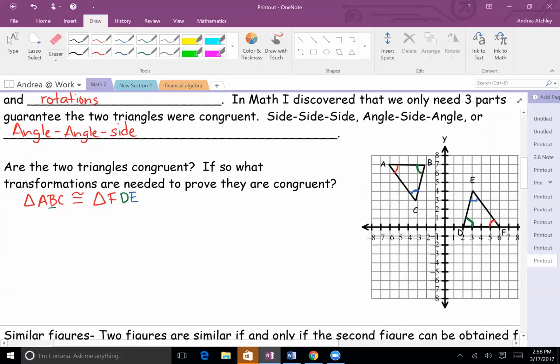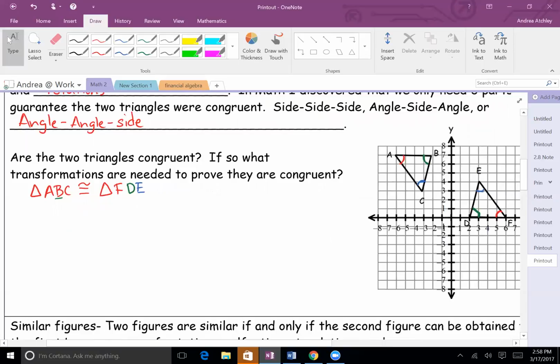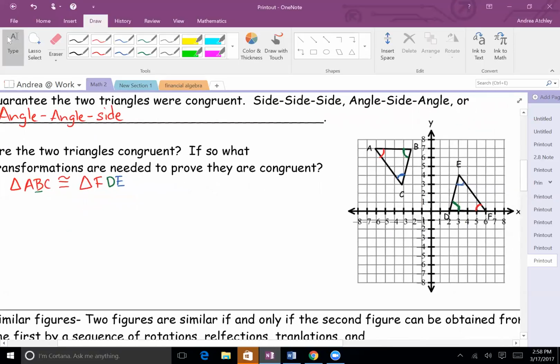The next thing we're going to deal with is how we could get triangle ABC to be over triangle FDE. There's more than one way to do this, so if you can see a different way than what I'm going to show you, that's fine. You can transform this in any way as long as it can get to where we're going. Or if you go in a different order, that's fine too.